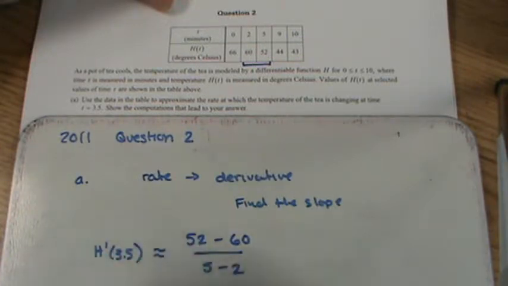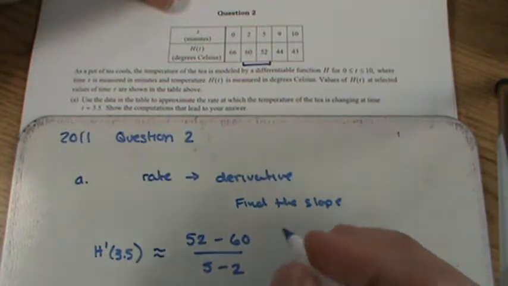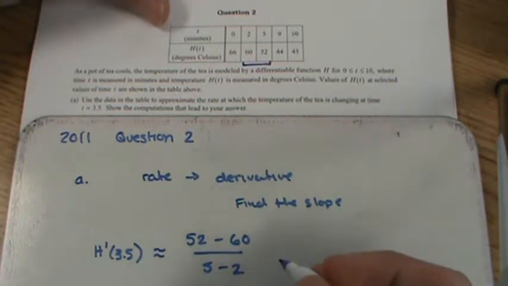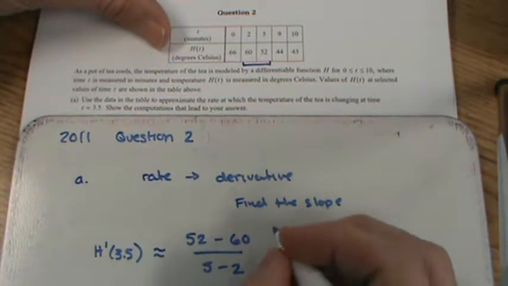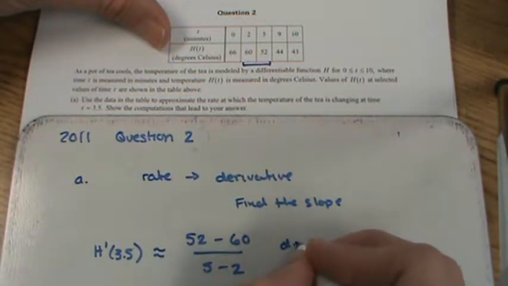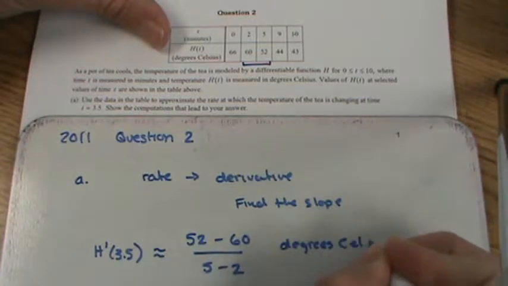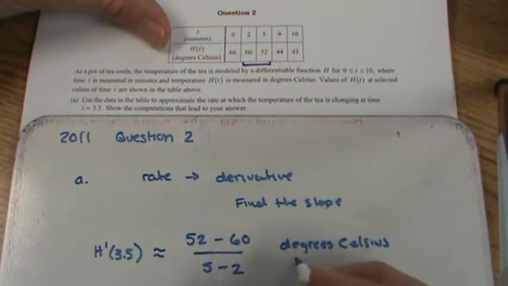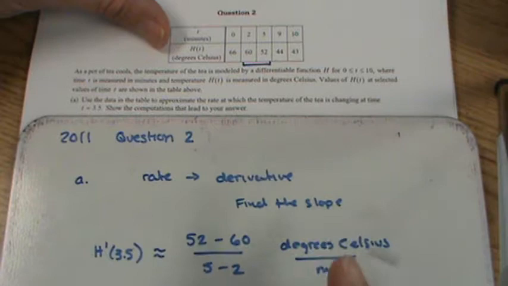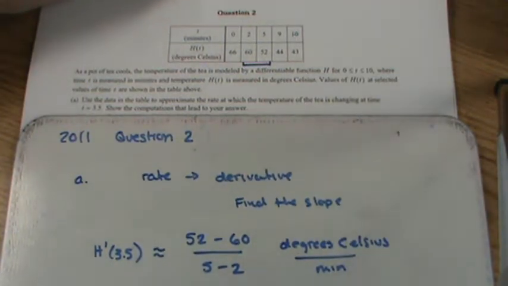Remember, even though this is a calculator question, we don't have to simplify this. Now we want to make sure that we do have our units, and so this would be in degrees Celsius per minute. Just in case that is an actual point for this, we don't want to leave anything out. And that's all we have to do for that question.